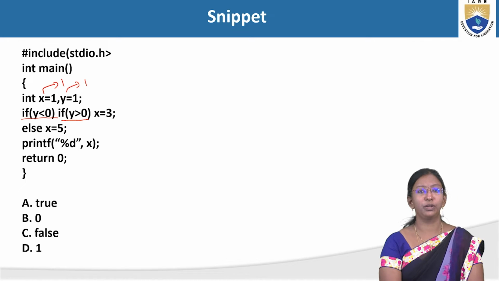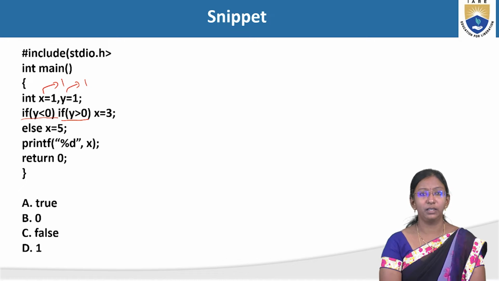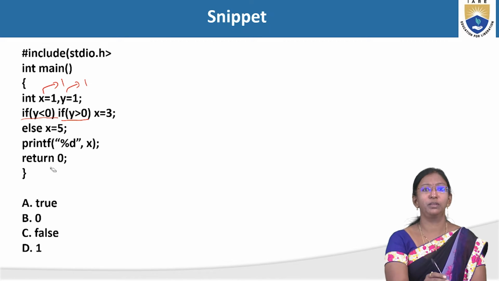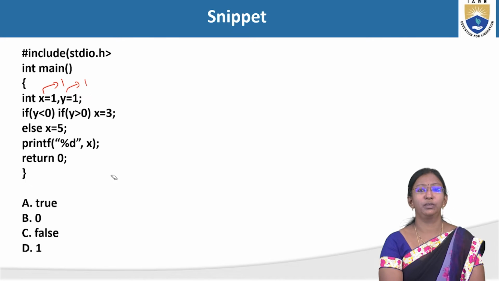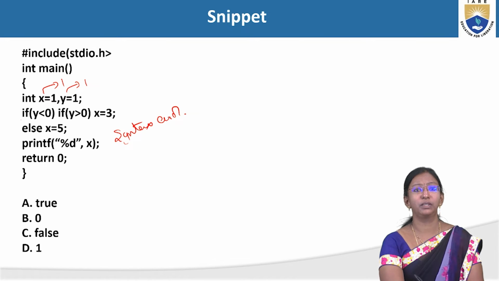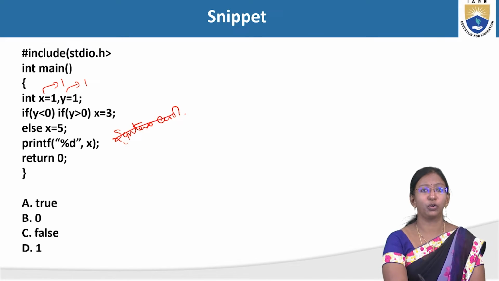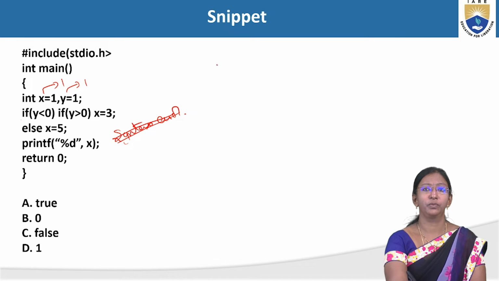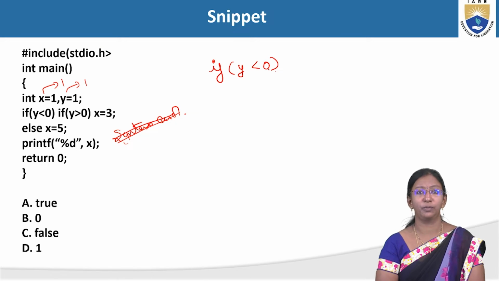First of all, as soon as you see this, you might get a doubt. Without closing the first one, they have taken the second one. What they are doing is syntactically wrong, right? Syntax error might be the first word that is coming to your mind, but it is not. As I always say, elaborate it. So if Y is less than 0 is the first condition.